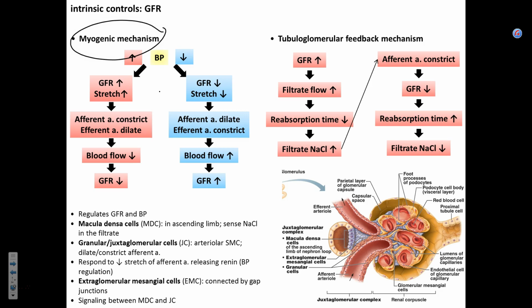So in order to better understand myogenic mechanism, I need to draw a very simple scheme of your glomerulus. So that's afferent arteriole, that's efferent arteriole, that's the glomerulus.